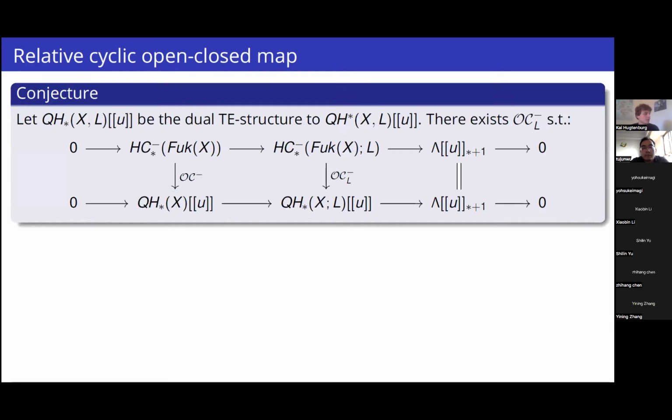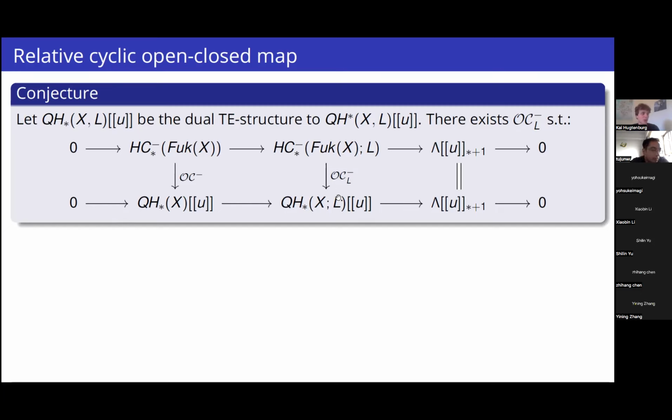What I conjecture is that in general, if you take the dual of the relative quantum cohomology that was constructed by Solomon and Tukachinsky, which we call the relative quantum homology structure, then there exists a relative cyclic open-closed map such that the following diagram commutes.